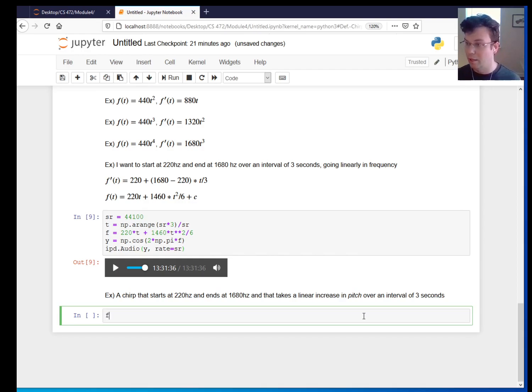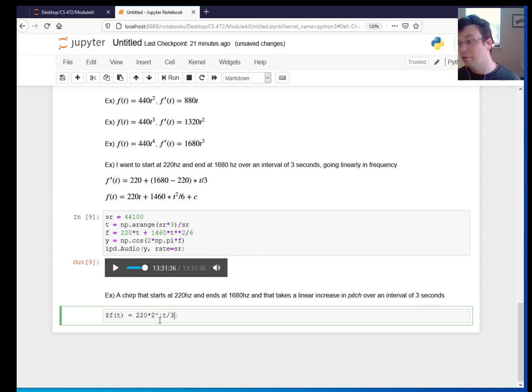So the function f of t should be 220 times 2 raised to the time over 3. Okay, so let's see. It'd be 220 times 2 to the t over 3.